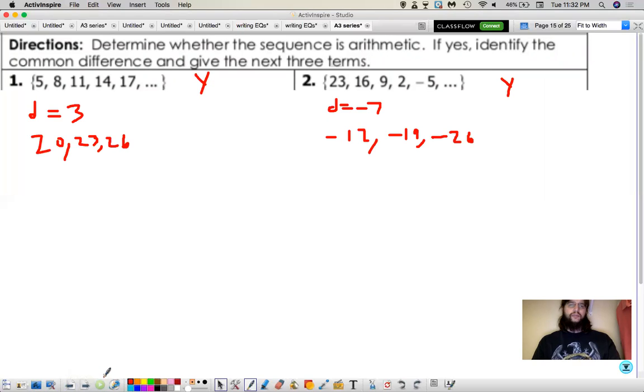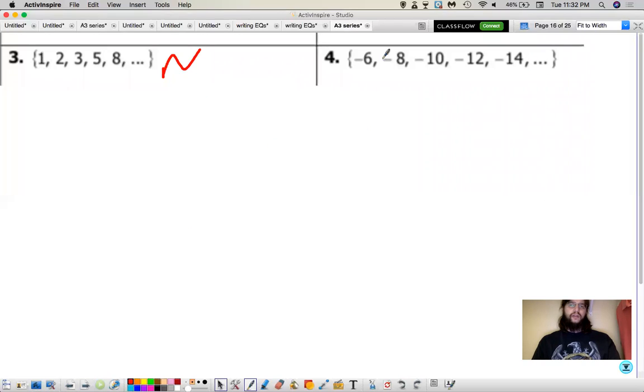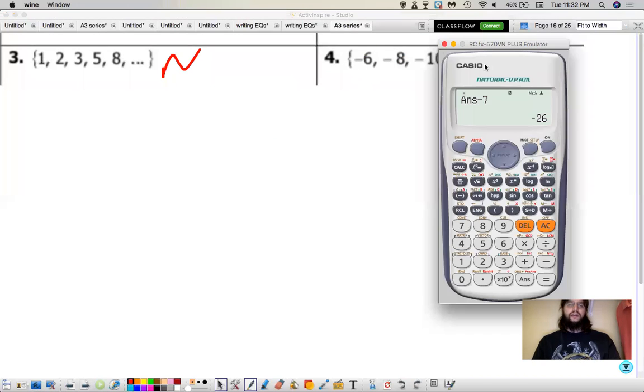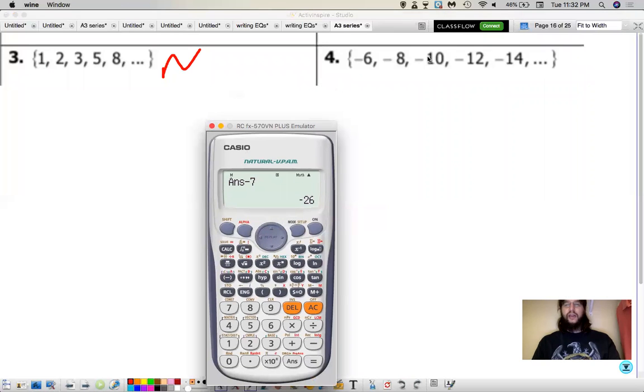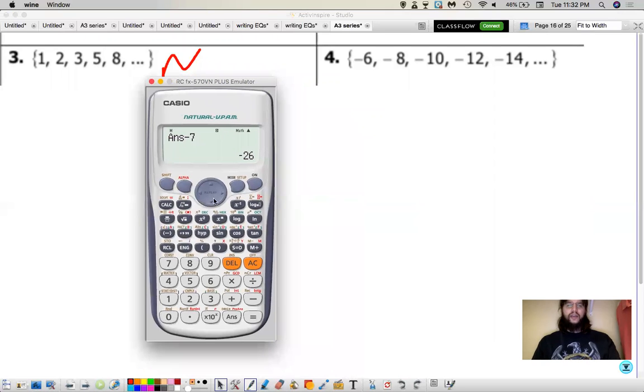So, yeah. We're going to do negative 8 minus negative 6. You can probably look at it and see it's going the same amount, but let's just check what D is. So we take negative 8 minus negative 6. That's a lot of negatives to think about in your head, so just type it in the calculator.